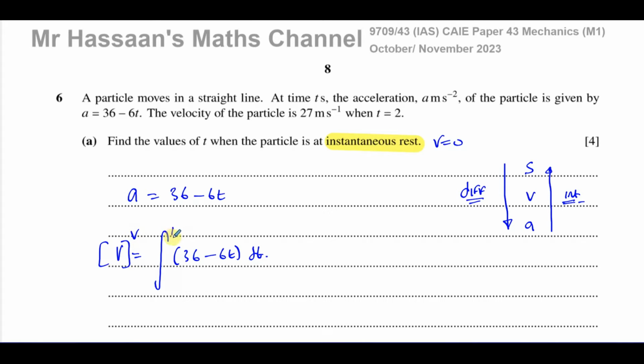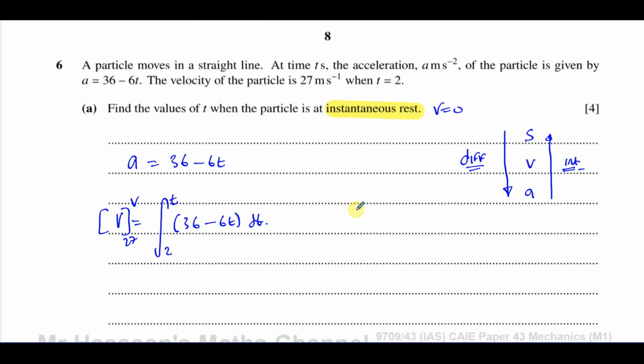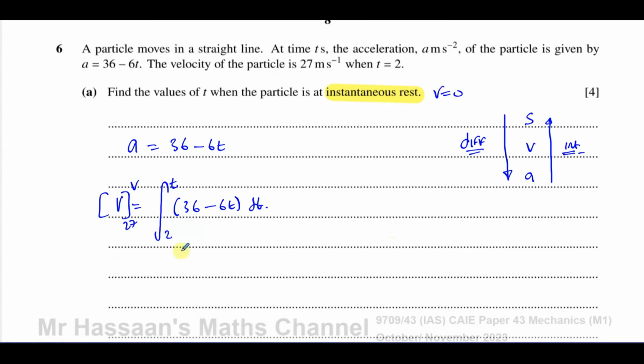I know that when t equals 2, the velocity is equal to 27. So I can integrate within these limits, find my expression for velocity, and then find when the velocity is 0. So that's a nice, neat way of doing it.